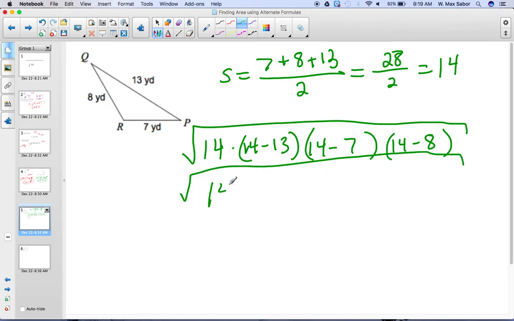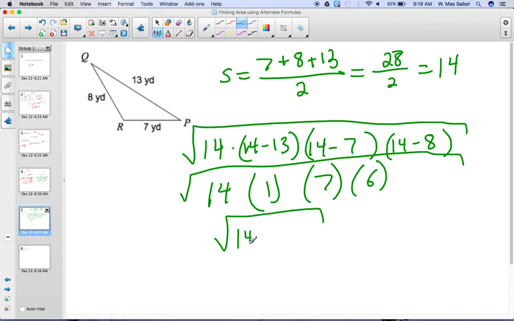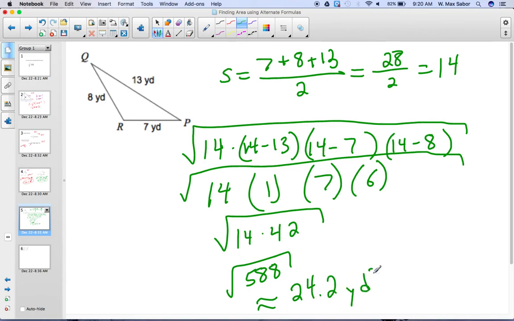So now we have 14 times 1 times 7 times 6, and 14 times 7 times 6 is 14 times 42, 14 times 42 is 588. And when we take the square root of 588, we get approximately 24.2 square yards. So that's how we can use Heron's formula given side, side, side.